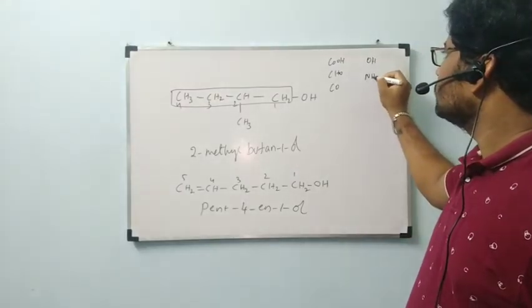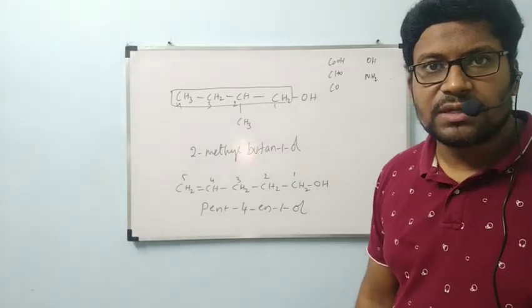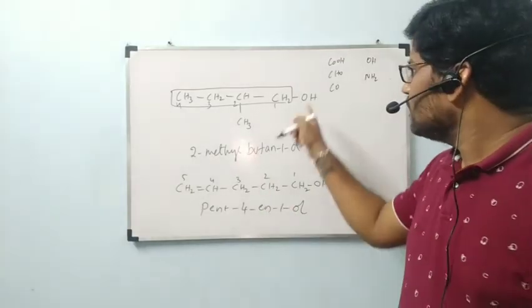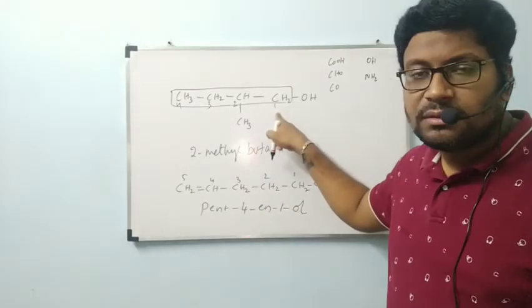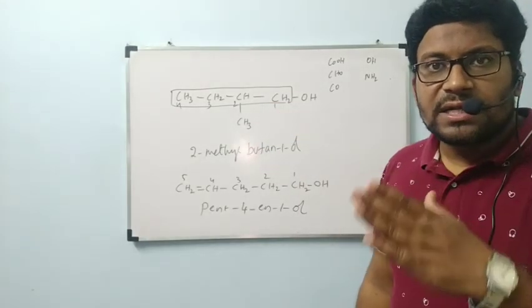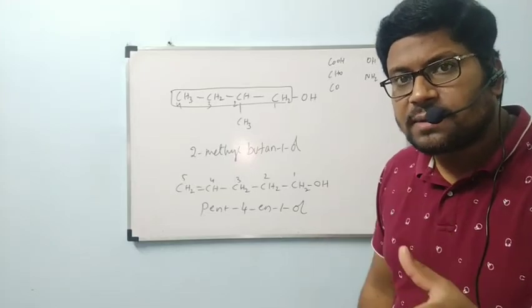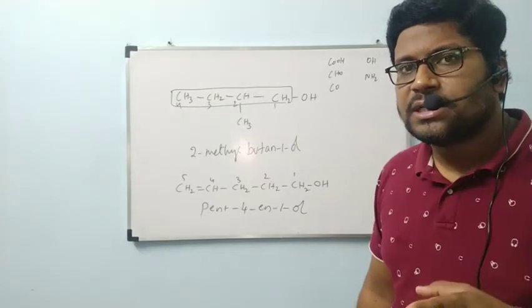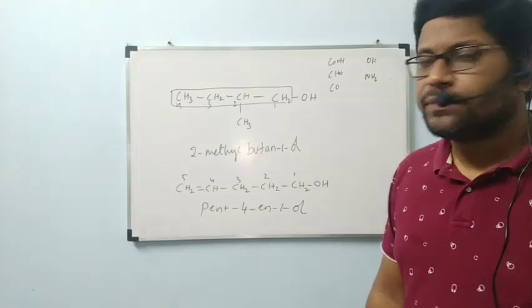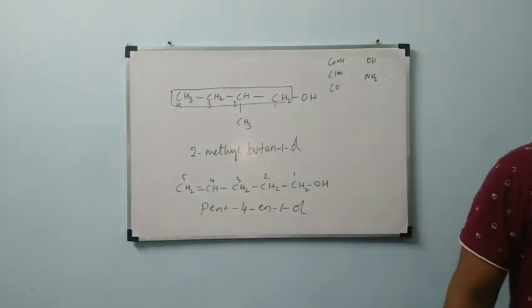OH, NH2, these functional groups do not contain carbon atoms. In that condition, the carbon bonded to OH must be included in the parent chain. If the functional group does not contain carbon, then the carbon it is bonded to must be included in the parent chain. Like that we have to see the name.